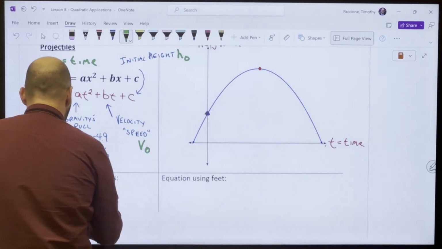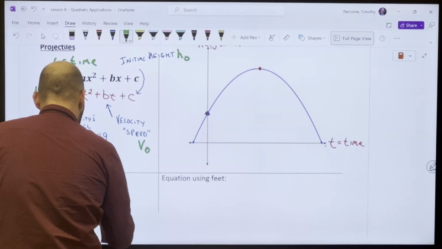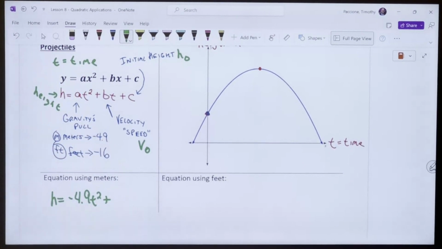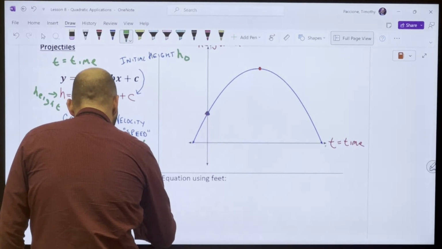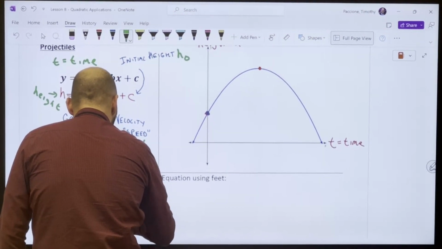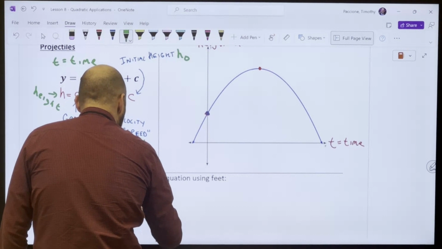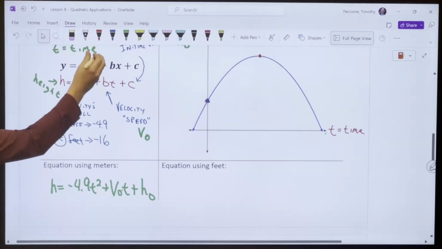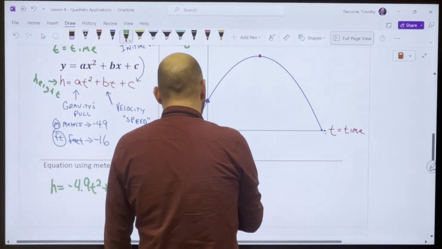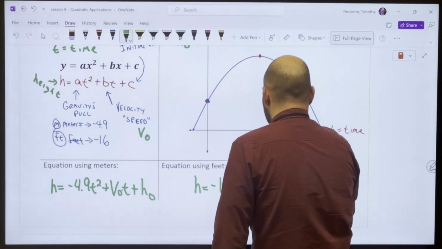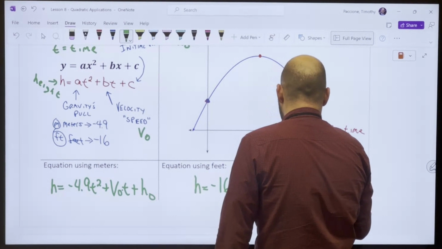Negative 4.9 t squared plus, what was our b? v sub 0 times t, and then plus h sub 0, our initial height. So that is the equation that you need to create if you're doing meters. If it's feet, it would be h equals negative 16 t squared plus v sub 0 t plus h sub 0.